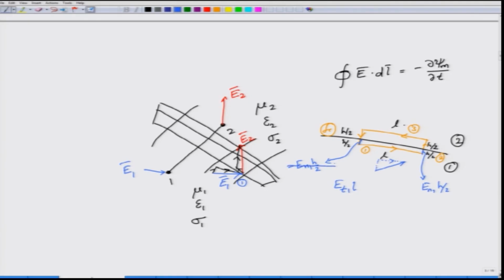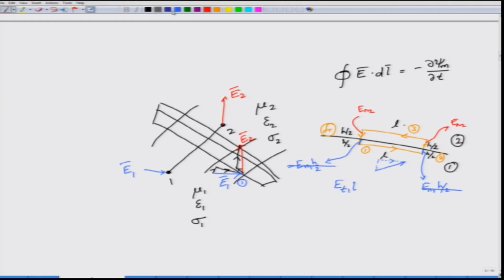So, these two will cancel with each other and we do not really have to worry about segments 2 and 4. For a similar reason, the electric field here will be En2, and the component will be En2 h by 2, which will cancel with this other En2 into h by 2. So, you do not have to worry about the vertical segments.